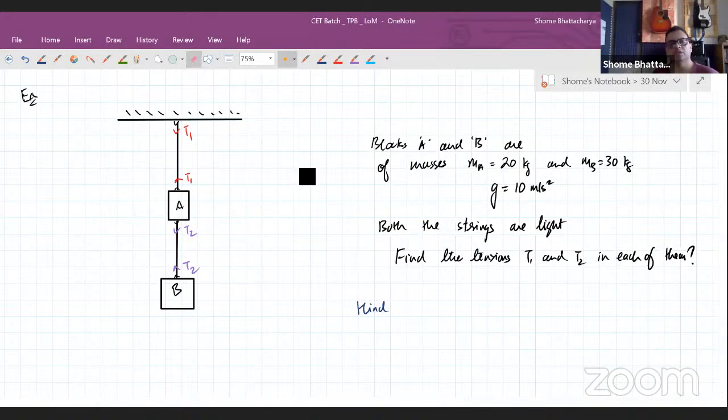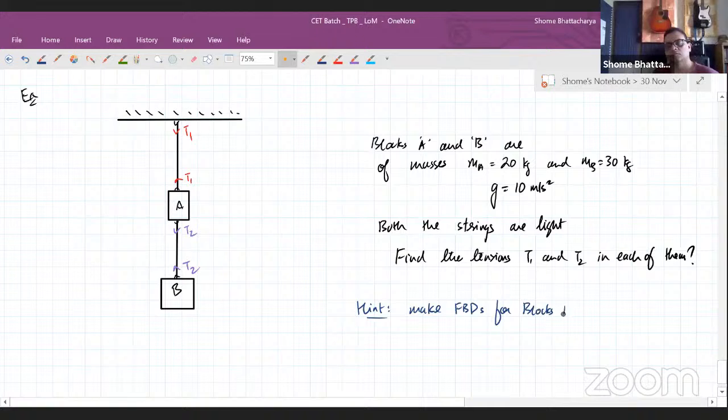So the hint to you is, make free body diagrams and solve for T1 and T2. So just try this out, people.